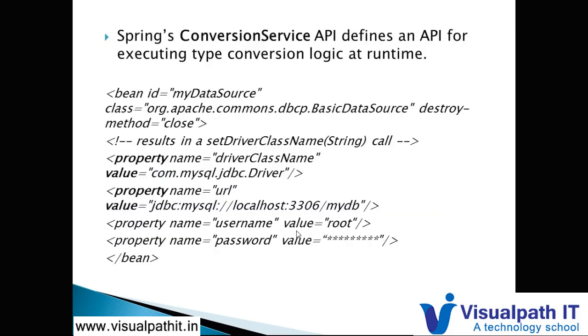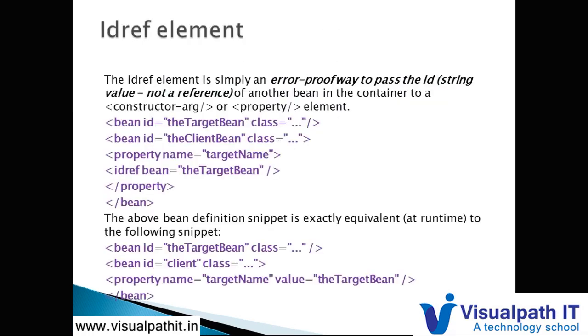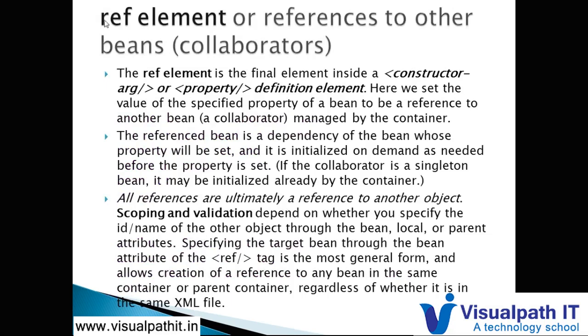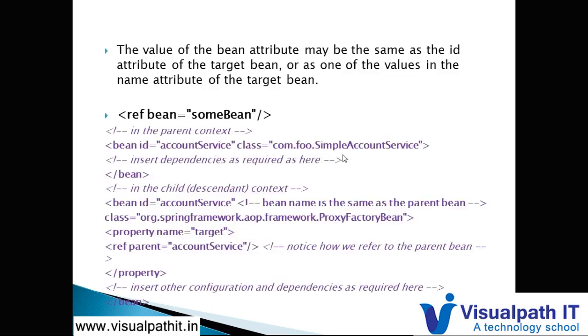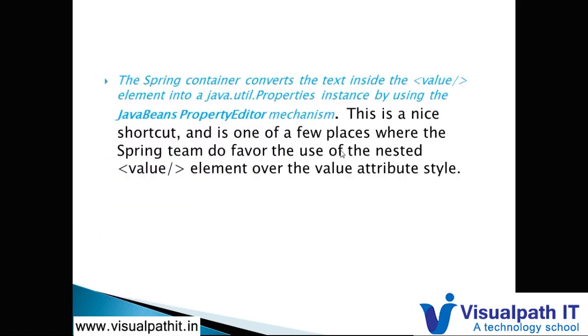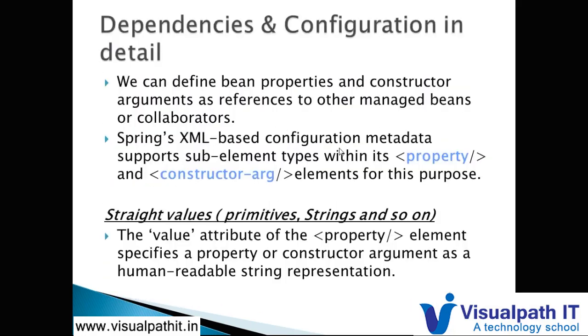Second, the idref element, used for a kind of dependency between objects. Third, the ref element, which is also known as the collaborator. And fourth, how setter injection is done using the primitives and what exactly setter injection is. These are the four important topics that come under dependencies and configuration.